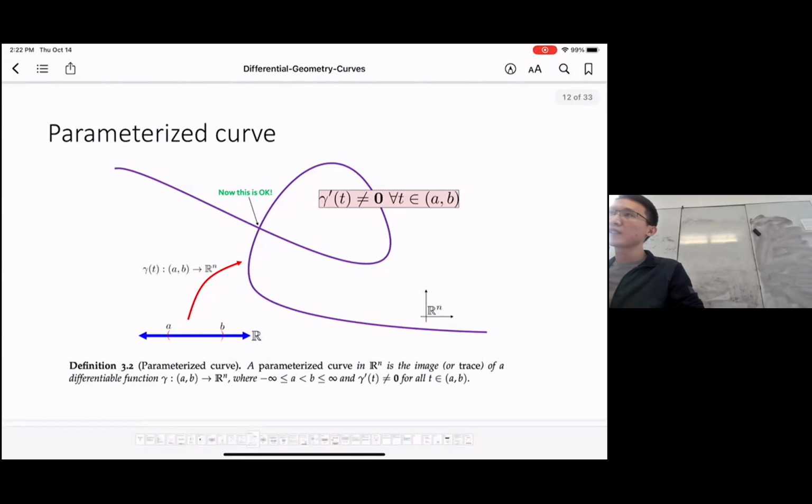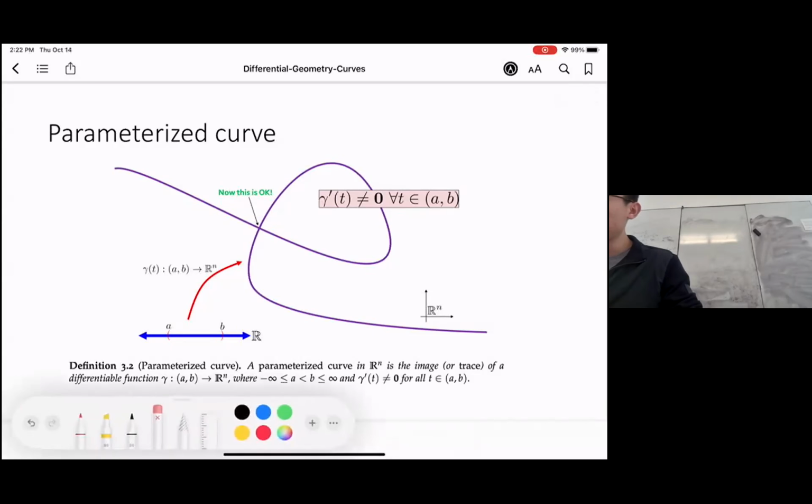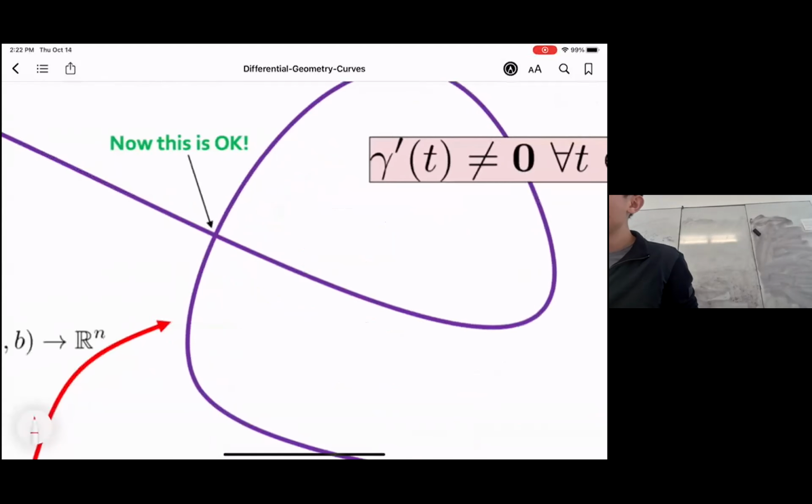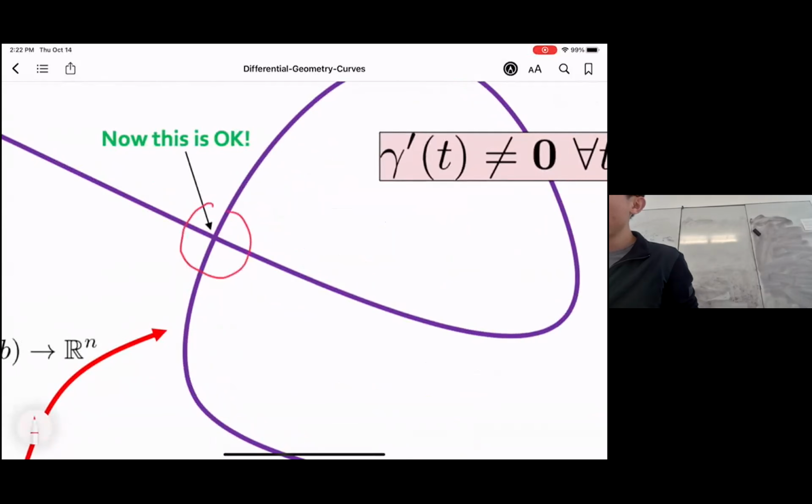One thing to notice is the arrow with the green text in the plot saying that this is okay, meaning for parameterized curves, we can have these intersections of the curve with itself. But for the definition from the previous page, a curve, we cannot have this kind of case. If we zoom in a little bit, within this region it can definitely be an image of some parameterized function, but it cannot locally look like a line.